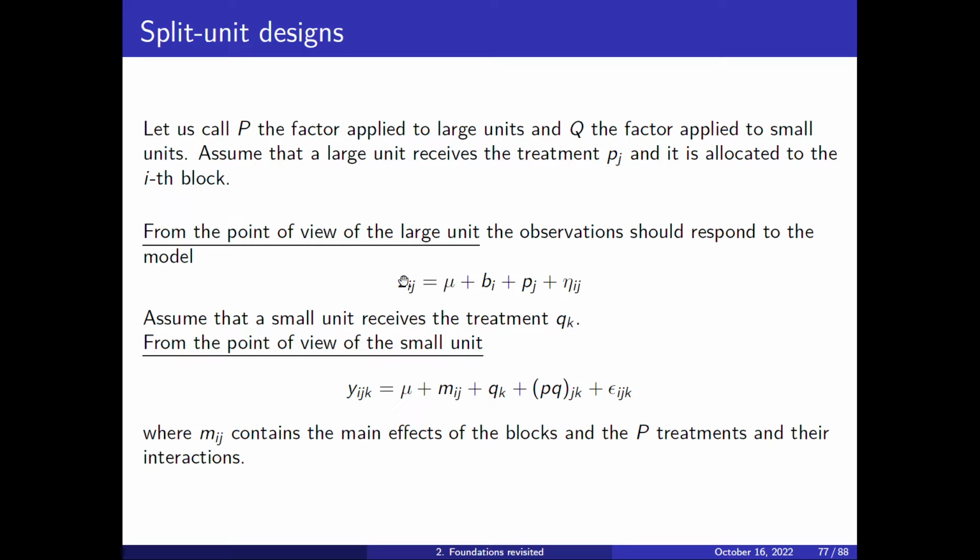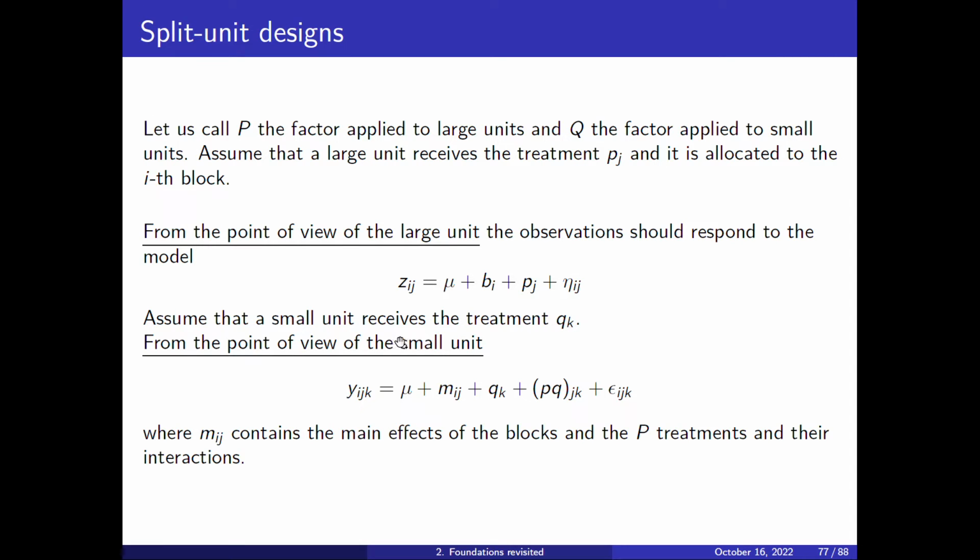So from the point of view of the large unit, our measurement, the average of all the animals within the same room, would be an overall mean plus something that depends on the block. The block would be the week or the period in which you have done your experiment, or the center where you have done your experiment. So it is a mean plus the block plus the treatment plus some noise.